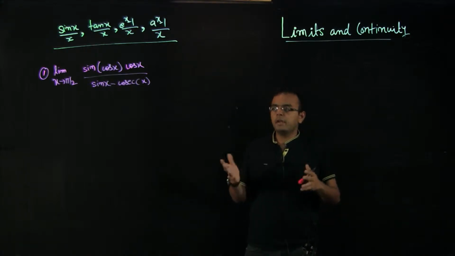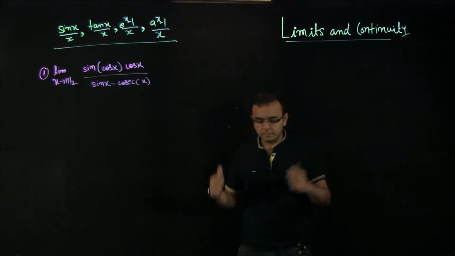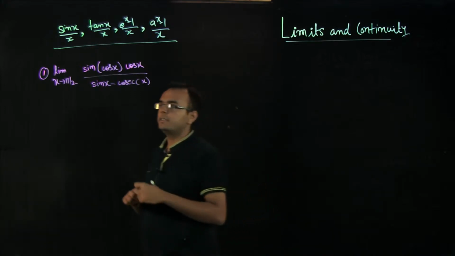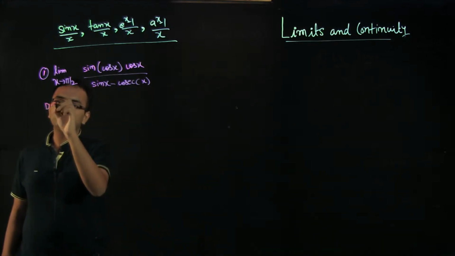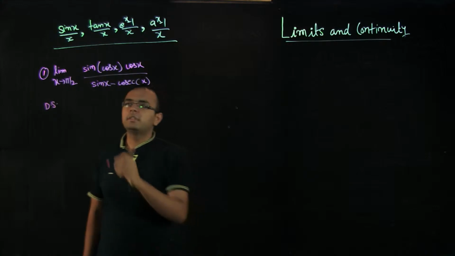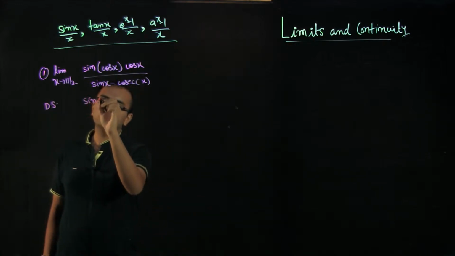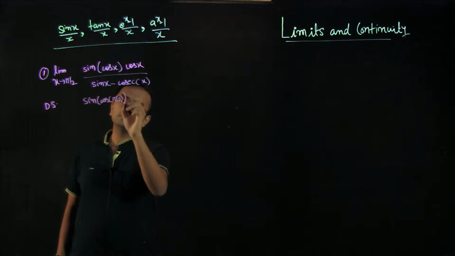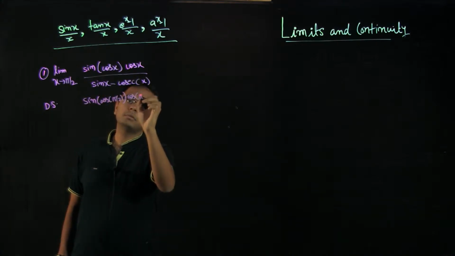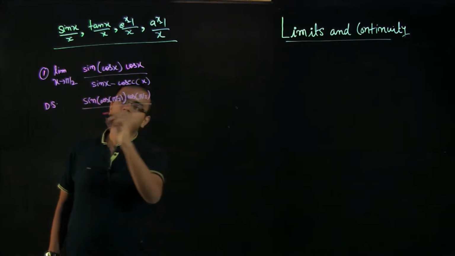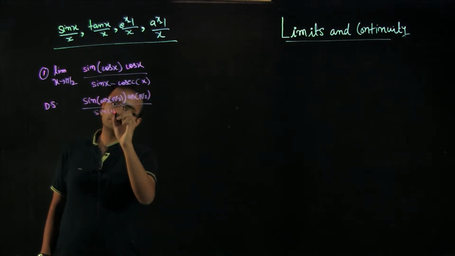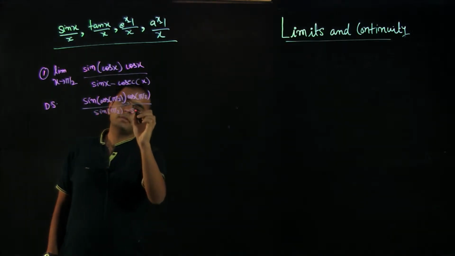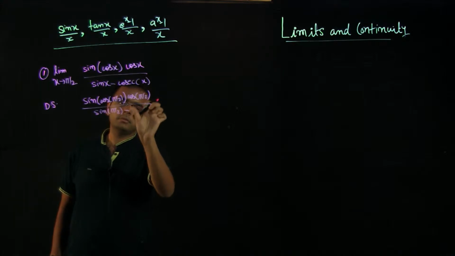So what should we do first? Direct substitution. We have discussed that we should directly substitute the value and then see what we get. So this is sine of cos of pi by 2 into cos of pi by 2 into sine of pi by 2 minus 1 by sine of pi by 2.